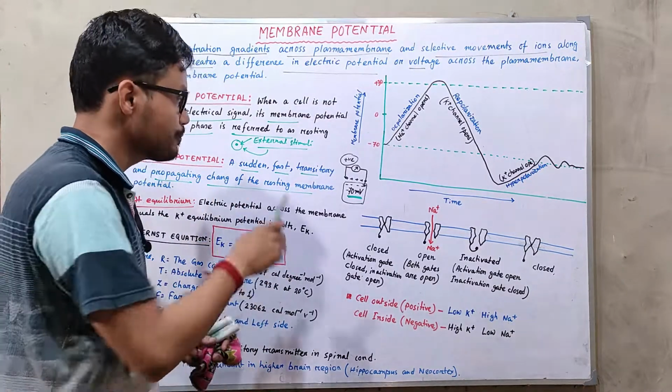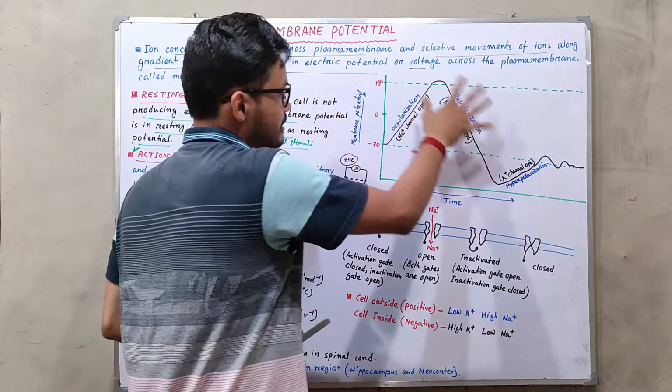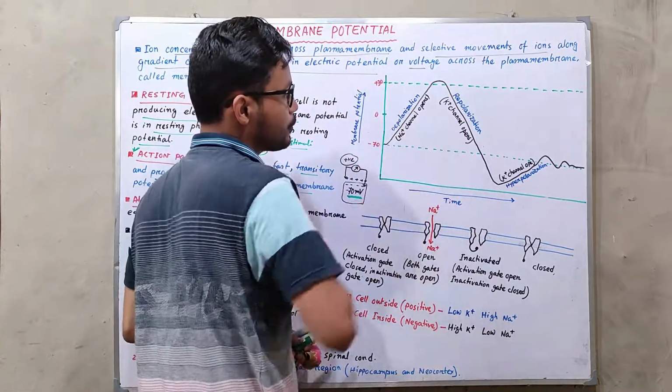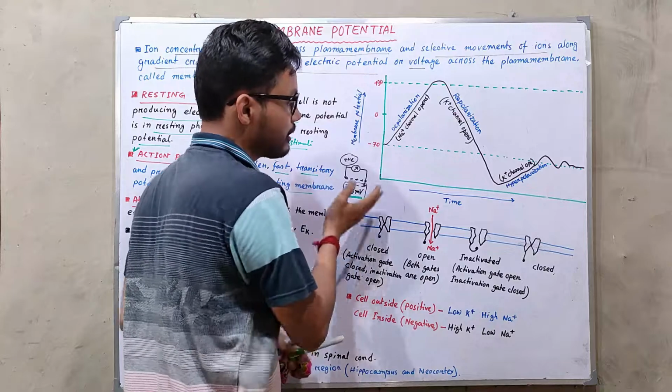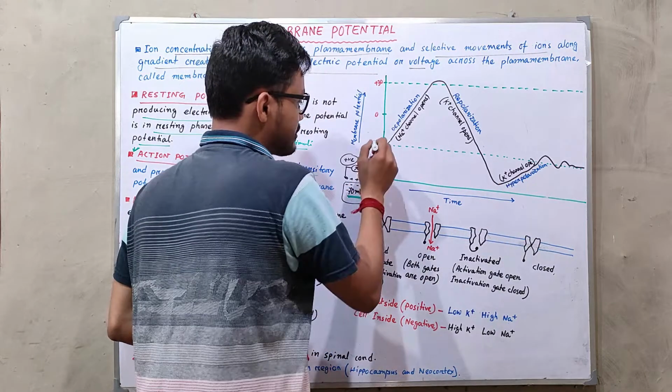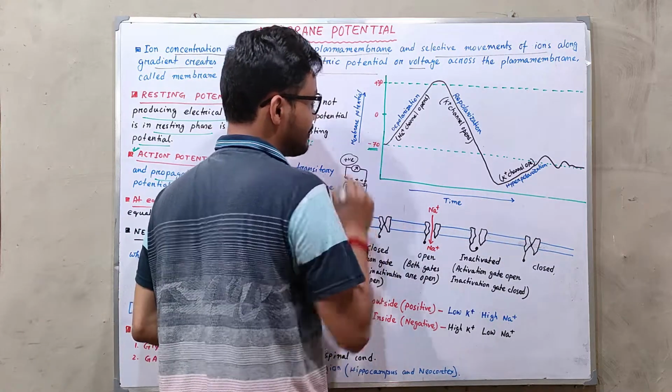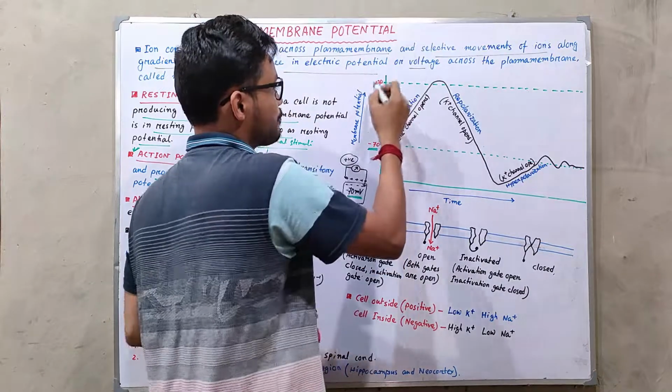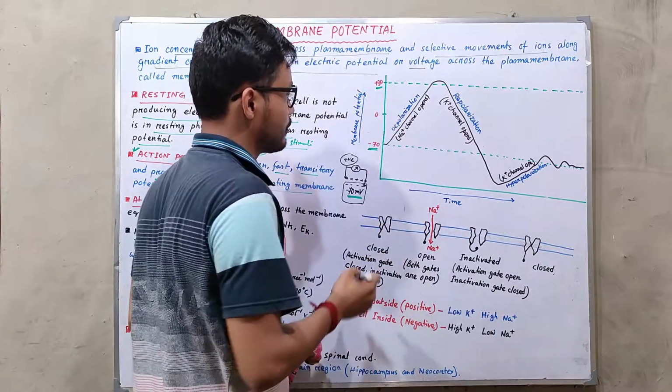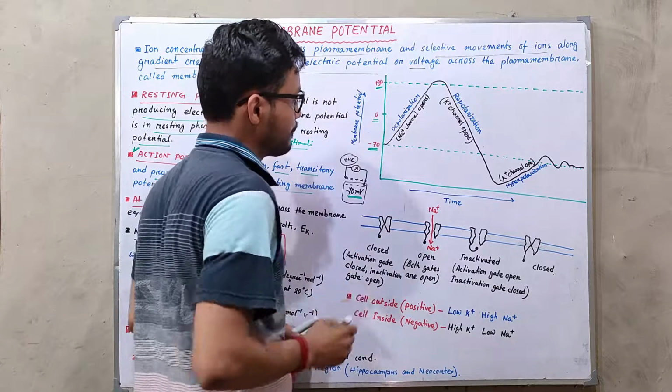So basically, if we consider this diagram of membrane potential, this is the membrane potential and this is the time. Resting membrane potential is minus 70 millivolt and there is an action potential of plus 30 millivolt. So there is a zero here.